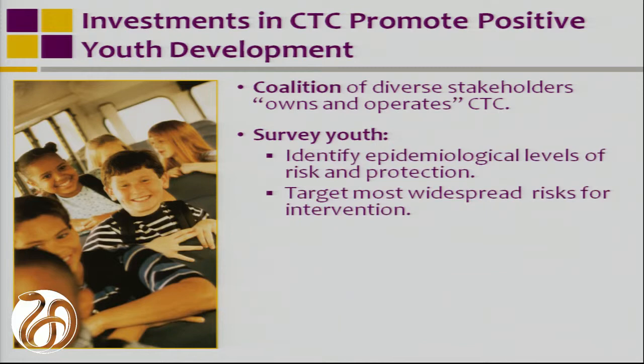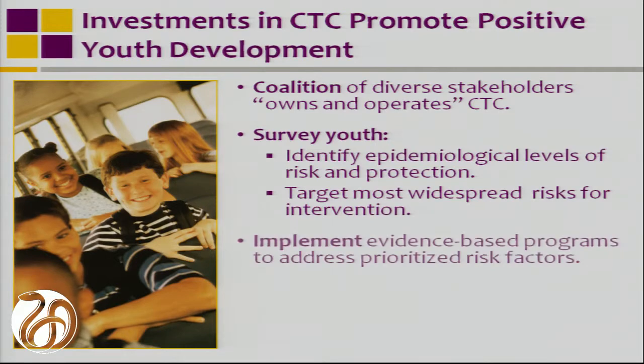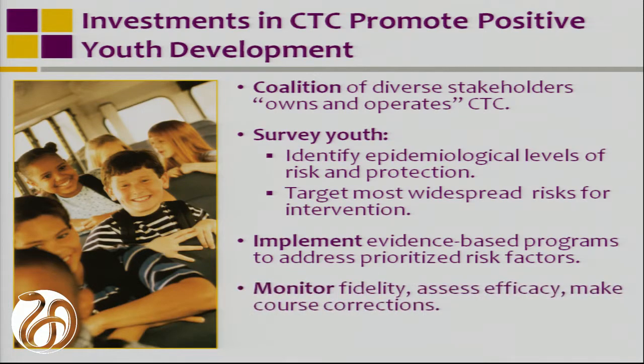The coalition then targets the most widespread elevated risks for intervention and selects and implements appropriate evidence-based prevention programs to address those priorities. The coalition's work is not done at that point because it's up to the coalition to monitor fidelity of implementation, assess efficacy, and also make course corrections when needed to achieve the community's overall prevention goals.